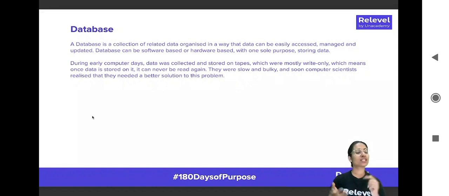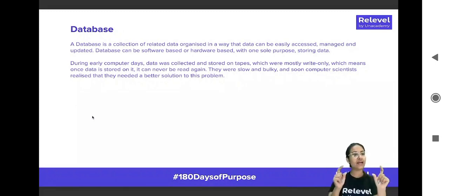Now, the next point it says with that is that a database can be software based or it can be hardware based, okay, with the sole purpose that it has to store data. The main purpose is to store data. Now, whether that information or the way you are storing it could be in terms of a software, that a software is storing all of the information, or it could be a hardware, that you're using external hardwares to store all your information.